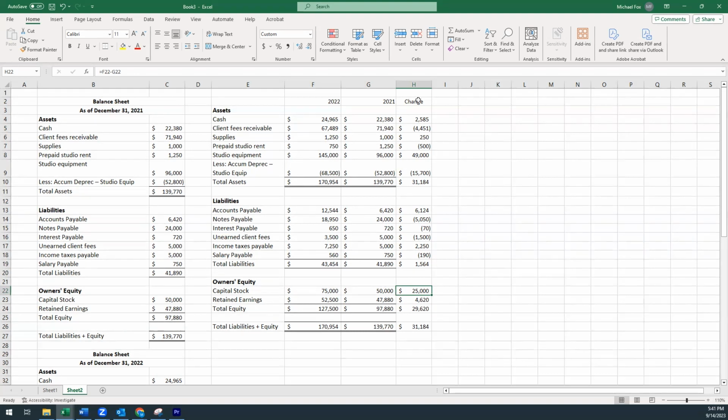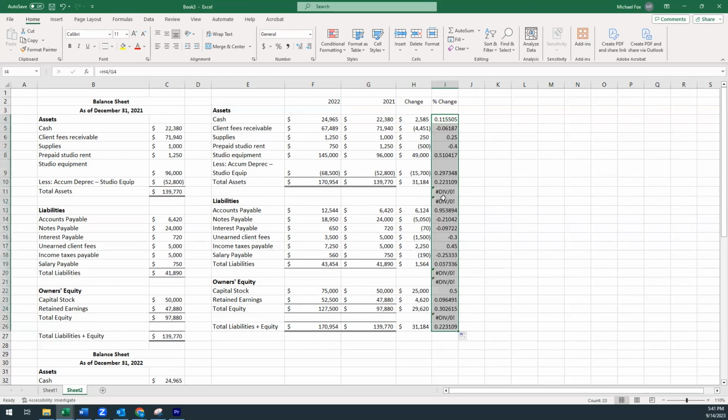All right. So then I'll add one more column, and I'll label it percent change. And to find the percent change, all I'm going to do is take the amount of the change and divide it by the older year. So in this case, 2021. And again, I'll fill that all the way down, but I'll delete these areas where things are zero.